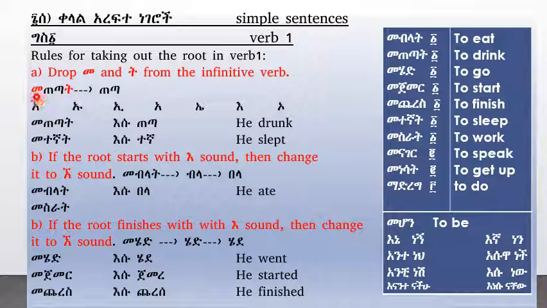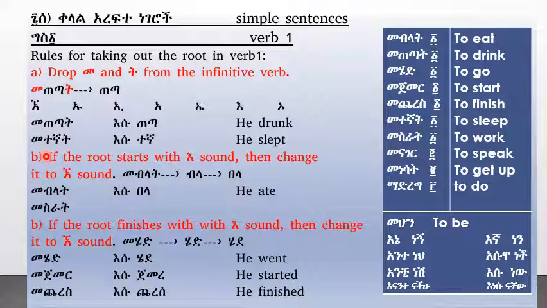To drink, መጠጣት. The first thing we do is drop ma and drop t to get the root. The root will be ጠጣ. Example: መጠጣት, ጠጣ; መተኛት, ተኛ. Here it is very easy. Only drop ma and t.